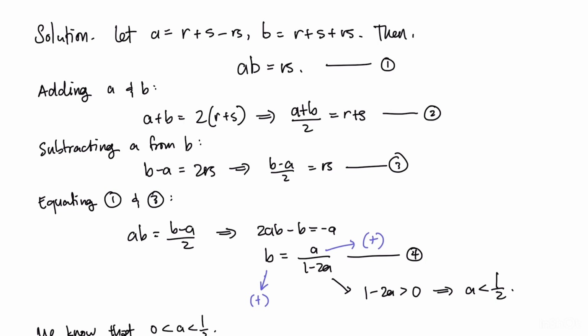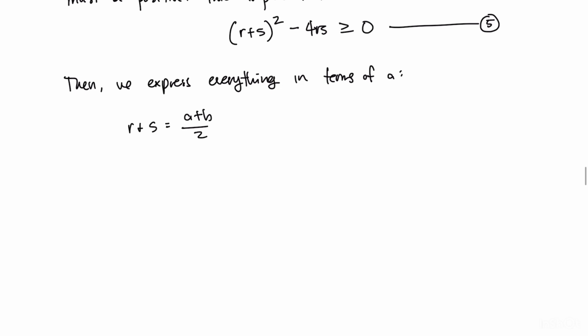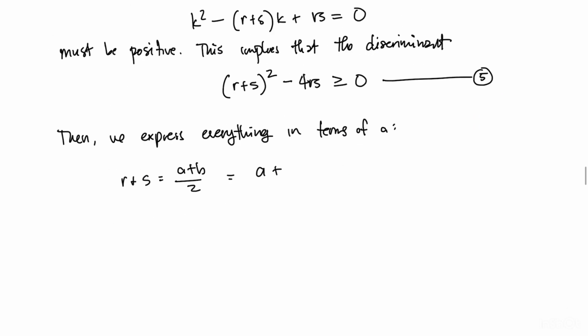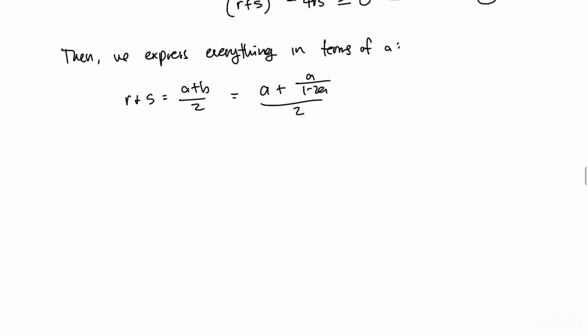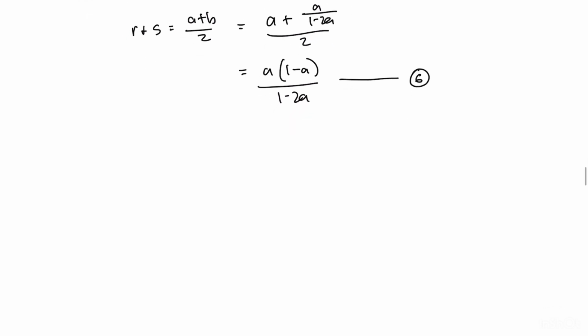So this is equal to A plus, well, we know the value of B. The value of B is A all over 1 minus 2A from here. So using this, we substitute that in, all over 2. Now this will simplify to A times the quantity 1 minus A all over 1 minus 2A. And I'm going to call this equation number 6.